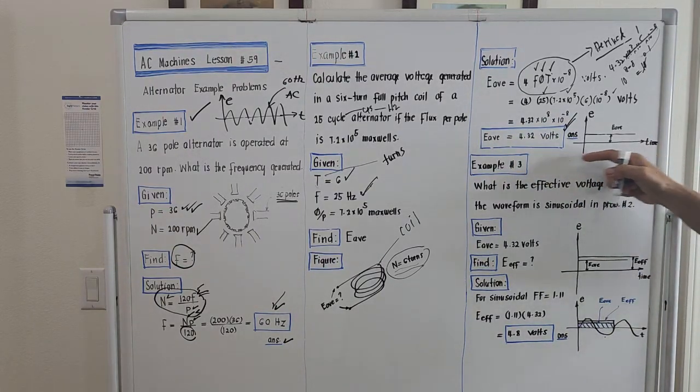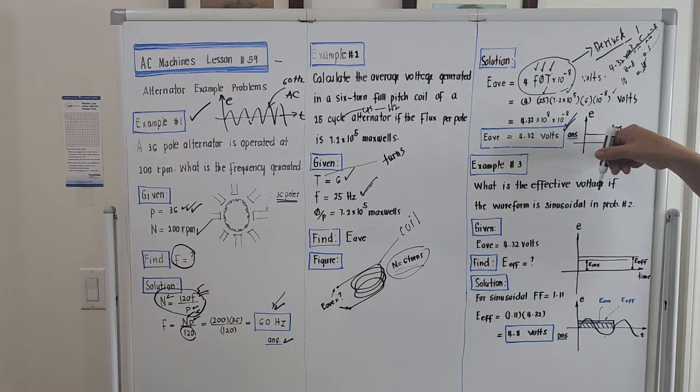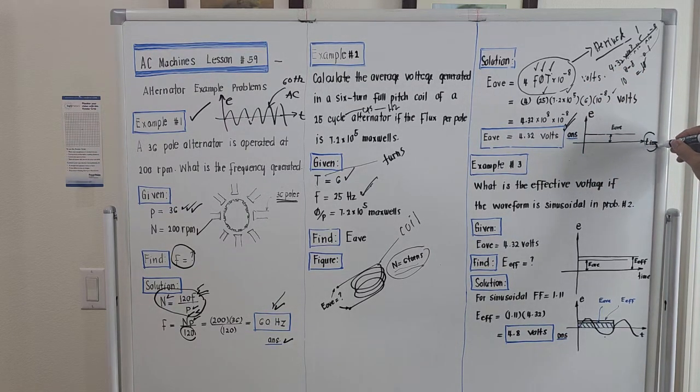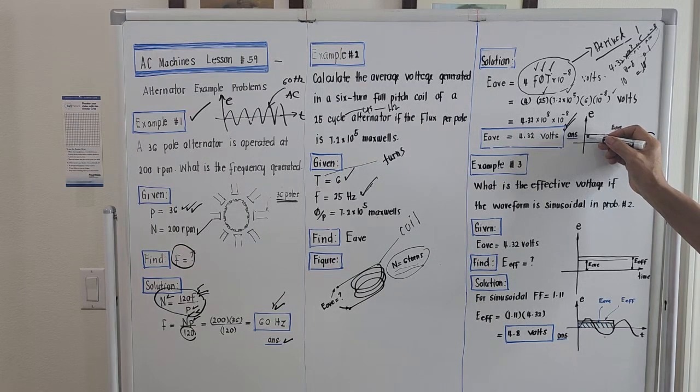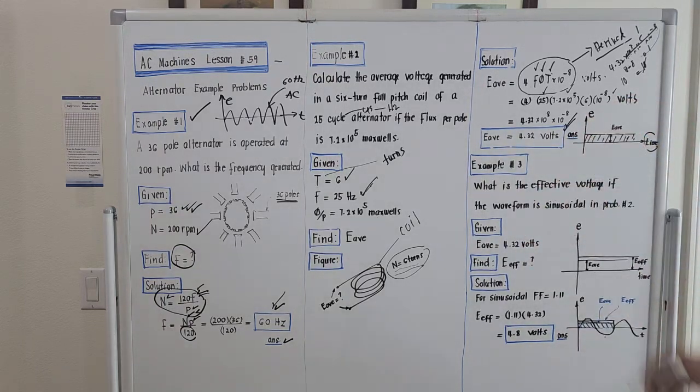If we try to plot the graph of this, the ordinate will be the voltage at any instant in time, and the abscissa is time, right? So if we graph the average voltage, it should be something like this. It's just like a DC value.